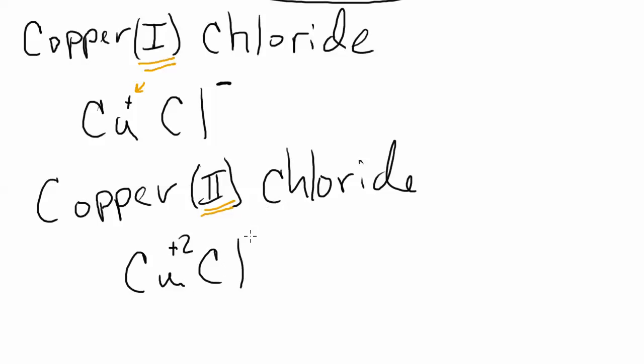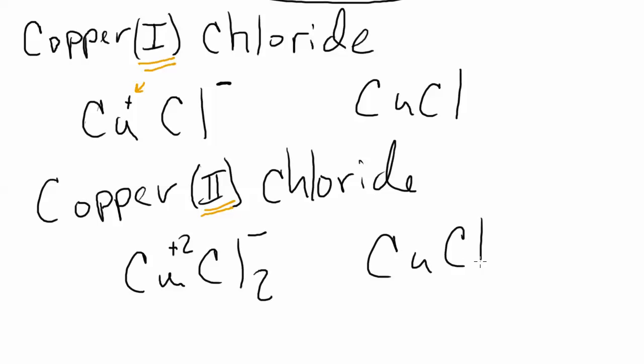And chloride's charge is -1. So we have to get the charges to equal out, and we can just use the switching trick here. So we're going to say that there have to be 2 chlorides with the 1 copper. So copper(I) chloride's formula is CuCl. Copper(II) chloride's formula is CuCl2.